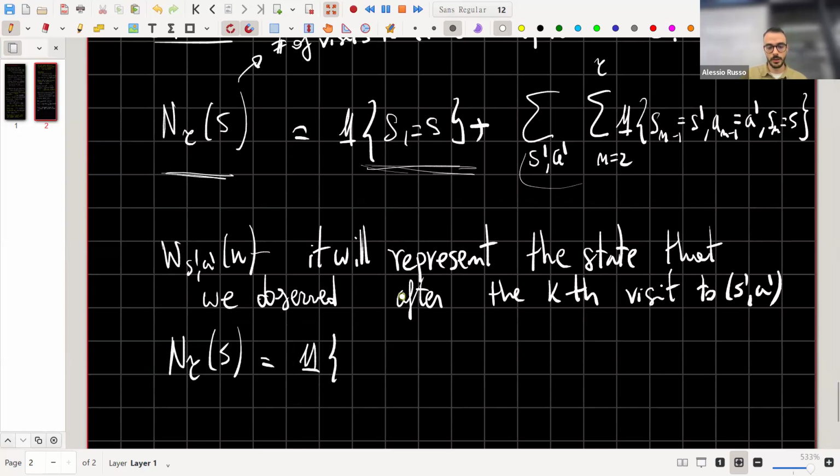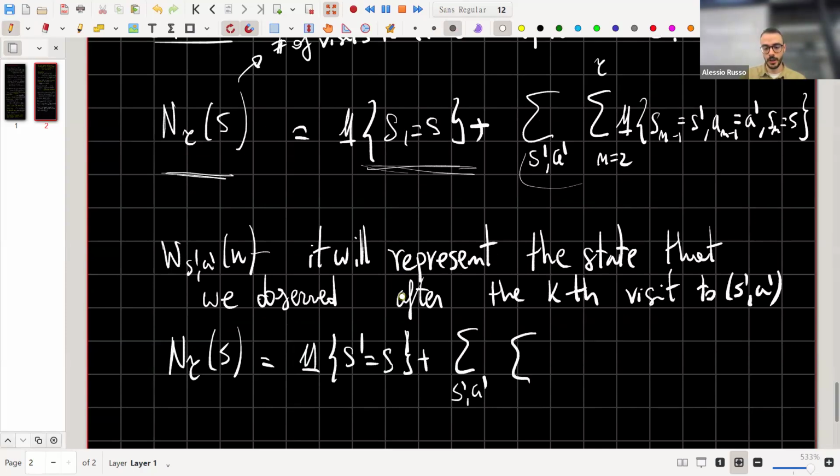So we can rewrite the previous equation, and what I want to do is to replace this inner sum and write it in terms of k.